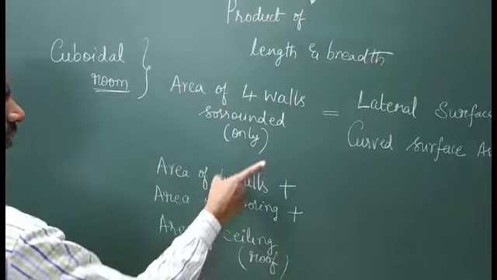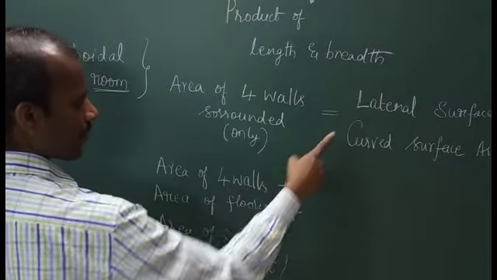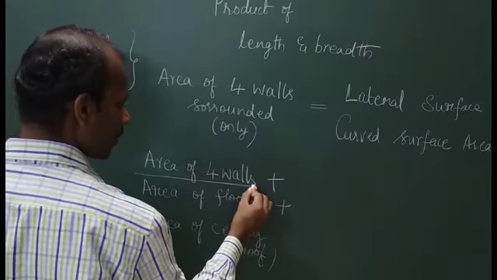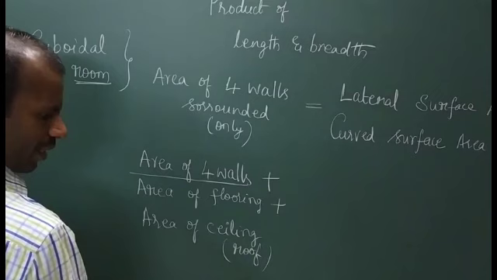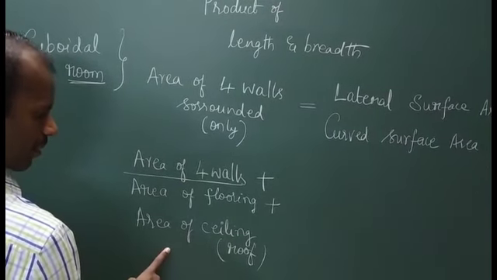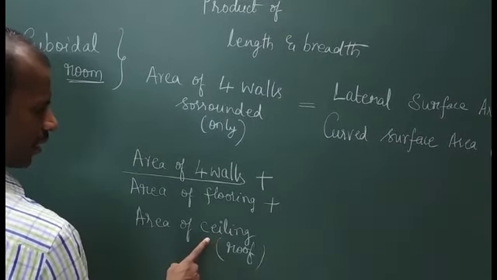Here we have covered the curved surface area, the area of four walls, plus the area of flooring, plus in addition to that, the area of ceiling.